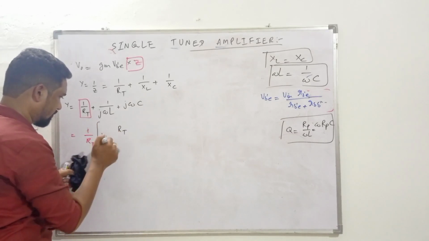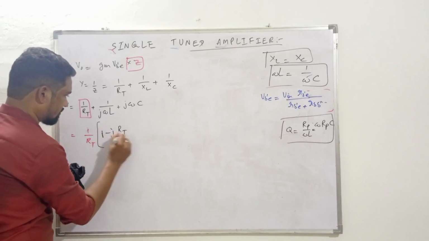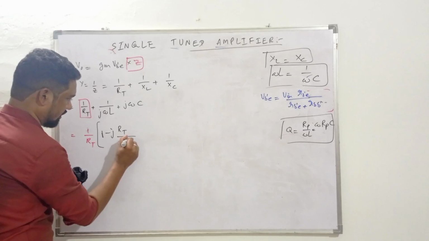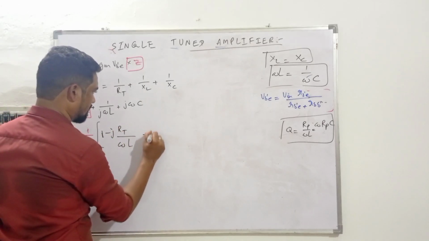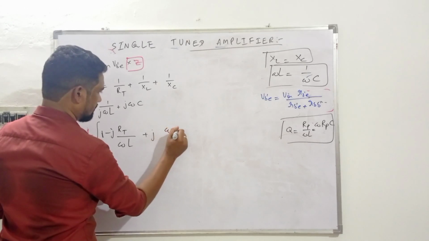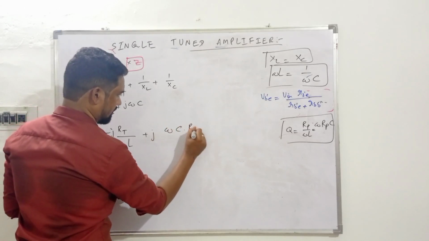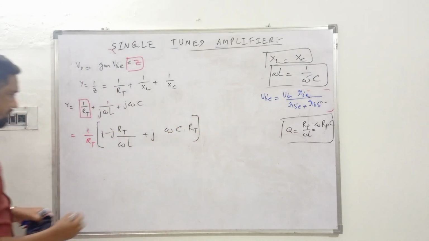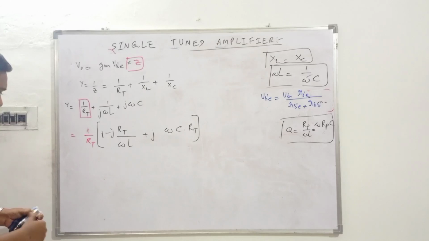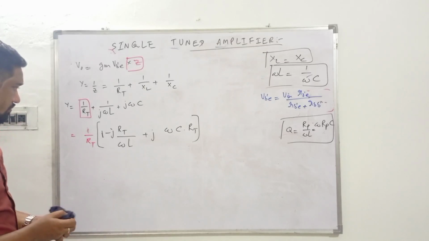I've told you the reason just now. Negative j R total by omega L. All right, so even this one, plus j omega C into RT. Why? Because RT is taken out as common, isn't it? RT, close the bracket. So a small important manipulation over here, you have to watch carefully.